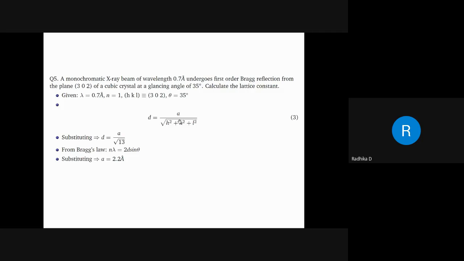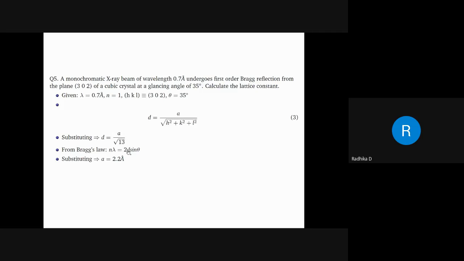Not an easy task, so what you have to do is use this expression first: d is equal to a by square root of h square plus k square plus l square. Substitute for hkl, that is 302, and you will get d is equal to a by square root of 13. Next, bring in Bragg's law, n lambda is equal to 2d sine theta. Instead of d, you have to put a by square root of 13.